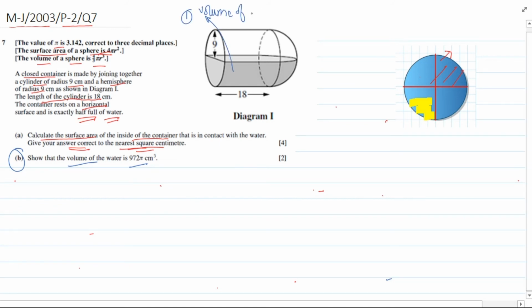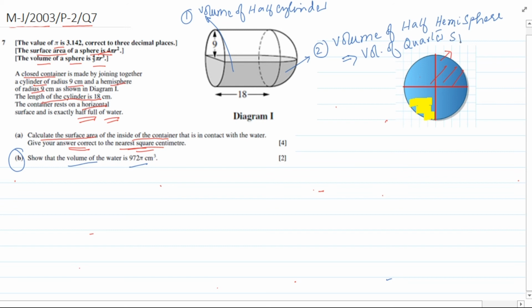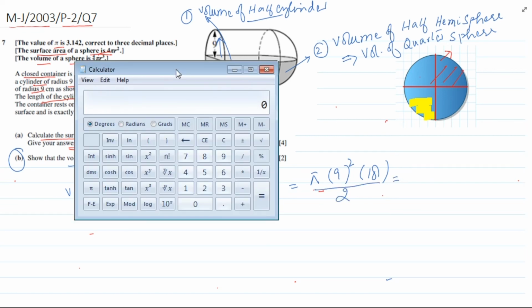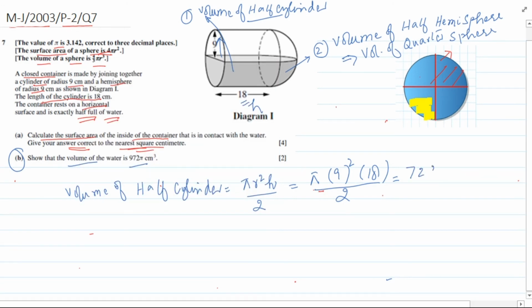Here portion 1 is the volume of a half cylinder, portion 2 is the volume of a half hemisphere, which means the volume of a quarter sphere. Therefore, the volume of the half cylinder is equal to πr²h/2, which is π(9)²(18)/2. 9 squared is 81, multiplied by 18 is 1458, divided by 2. We get 729, so it is 729π.